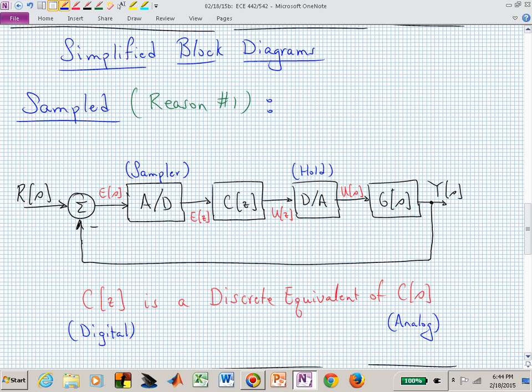We want to control our system with a digital controller, a microcontroller, maybe a computer, maybe a microprocessor, but we want to put that microprocessor where that capital C of Z is. So we need to find a difference equation and not R's, L's, and C's or op amps. We want to replace all of that with just a difference equation. That's reason one. So we want C of Z, the digital version, to be a discrete equivalent of what we've already, maybe somebody gave us an analog controller.